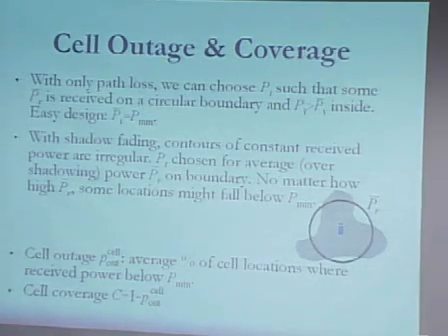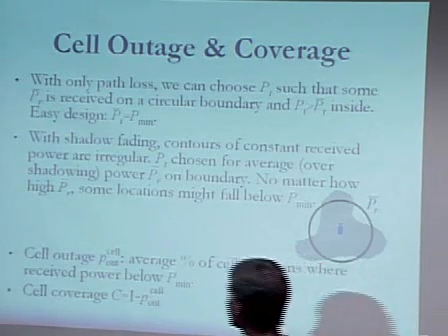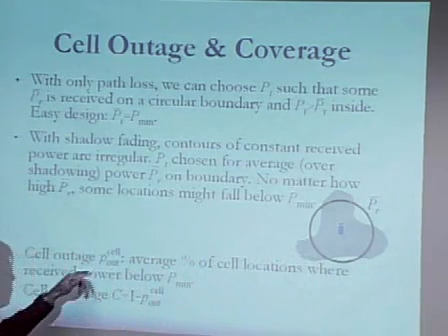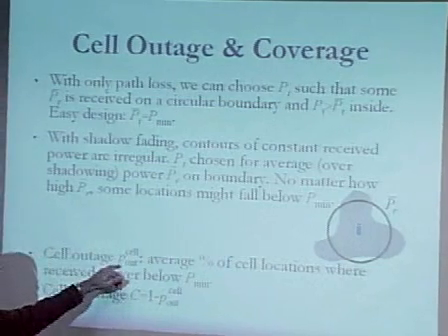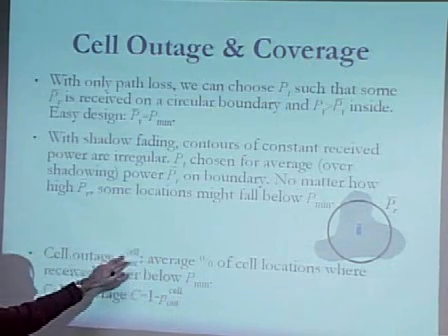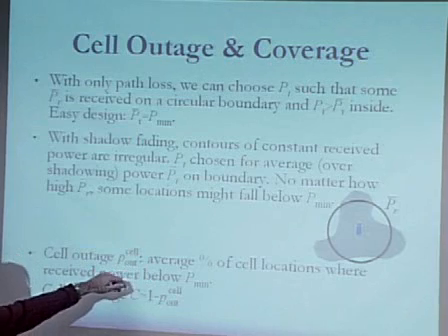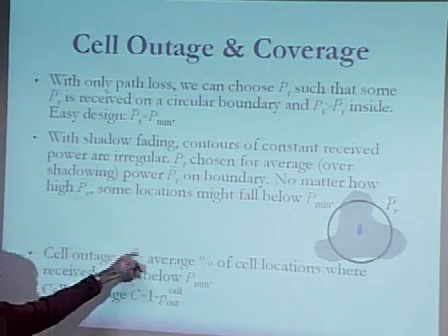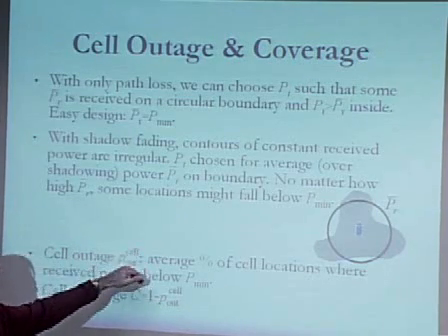Okay. So this is the same outage, and let's not confuse the two concepts, right? The other one was P out. This is P out cell. I'm just respecting the notation of the textbook so that you don't get confused. That one was a function of the distance. This one is not. This is over the whole cell.